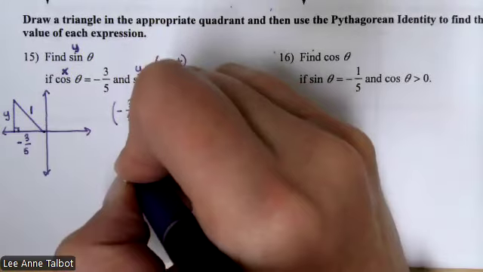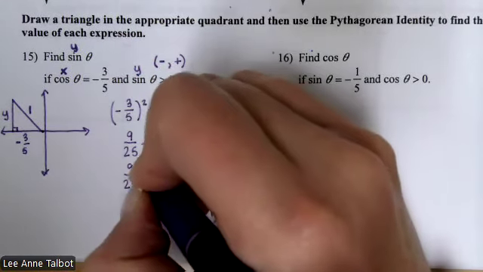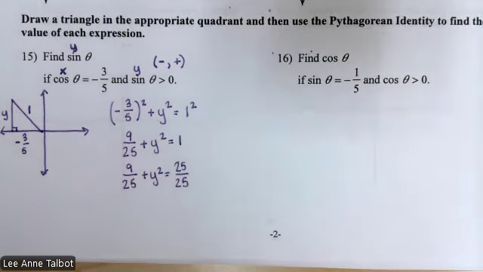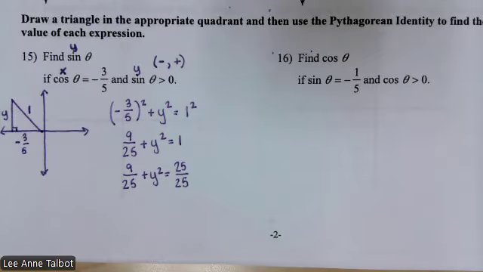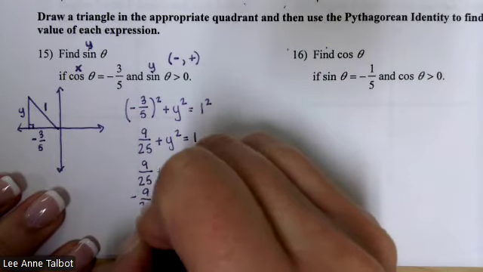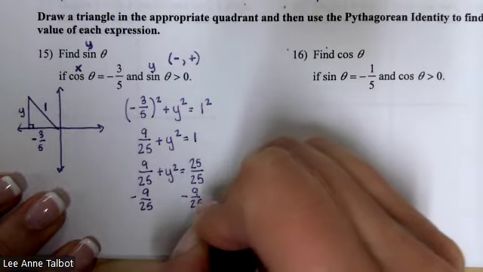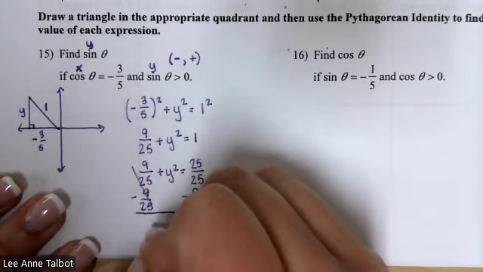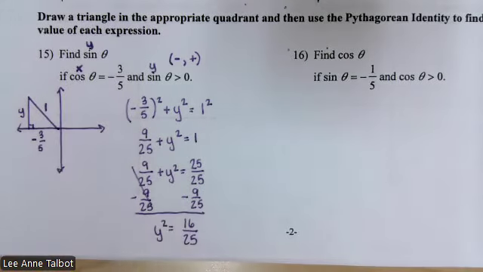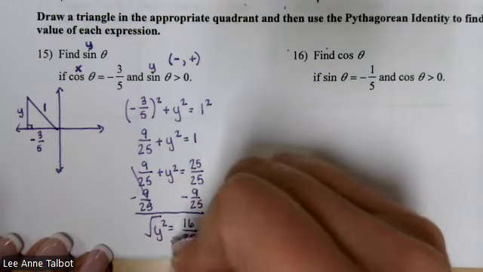Okay, now I'm going to say 9 over 25 plus y squared equals 25 over 25. Y squared is 16 over 25. Square root.